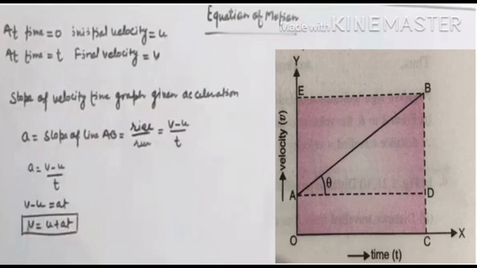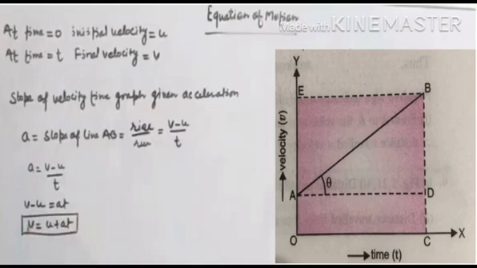At t is equal to OC, velocity of the body is equal to CB is equal to v, meaning the velocity of the body is CB and which is equal to v. Now drop AD perpendicular to BC and BE perpendicular to OY.